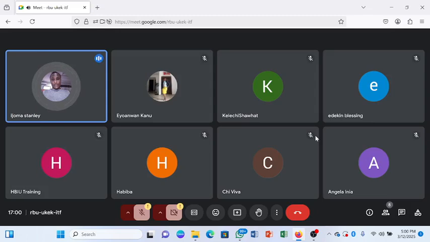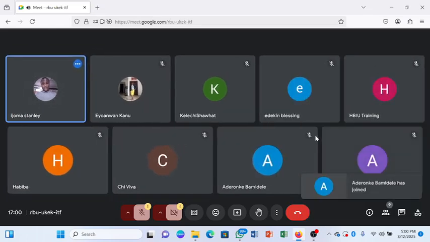And they are in different forms. They could be viruses, they could be bacteria, they could be fungi, they could be anything at all, as long as they are disease-causing pathogens. So they are classified namely, like I mentioned earlier, bacteria, virus, fungi, and parasites. And it is these agents that cause diseases.